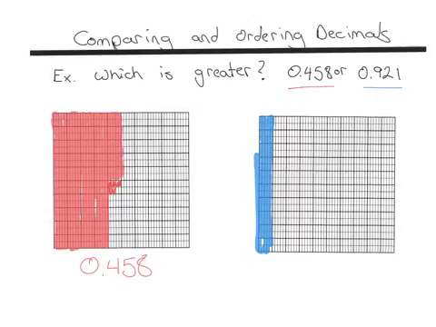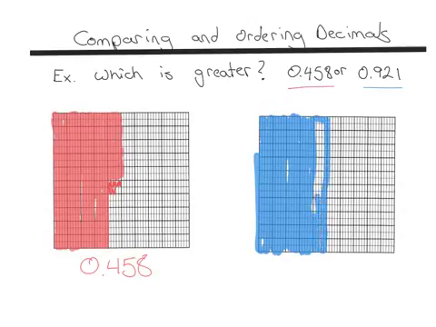There's 1, here's the second column, so there's 2 tenths, 3 tenths, 4 tenths, 5 tenths.